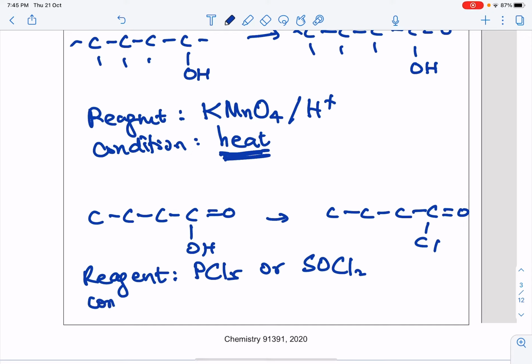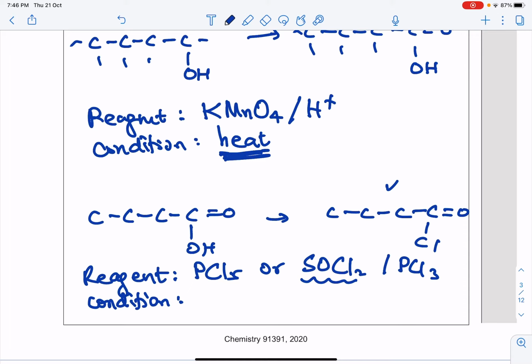You can choose just to write one of them, and of course you can also choose PCl3. But SOCl2 is more favorable among the three, simply because there is no byproduct that exists as a liquid besides the acyl chloride. So we do not have to separate the rest of the components, as the only liquid is the acyl chloride.